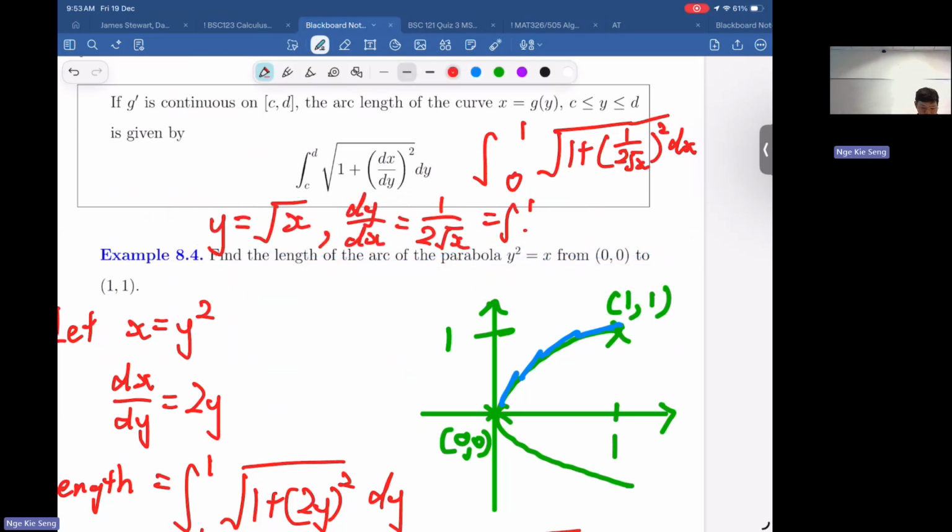So in turn, this is integrating from 0 to 1 again. Then this is 1 over 4x dx. Is this even harder to compute? Let's try the online calculator.